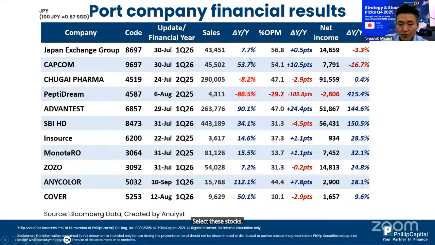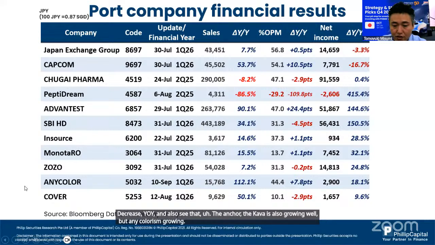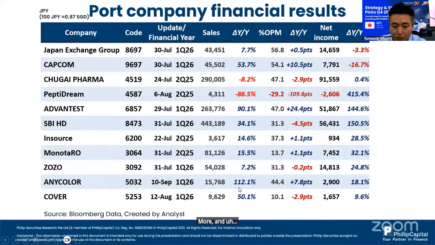Capcom is growing well, but its net income decreased YOY. Anchor and Cover are both growing well, but Anchor is growing more, and for Cover there's no operating profit margin improvement.